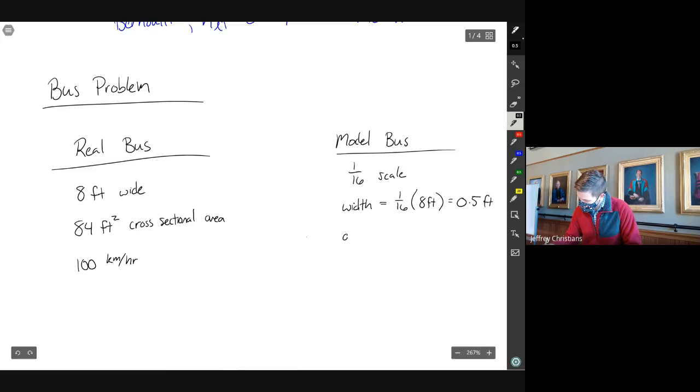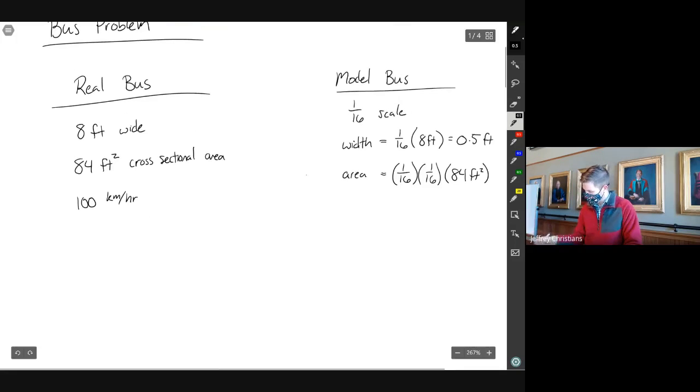And the area is 1/16 times 1/16 times 84 square feet. So this is 0.328 square feet.